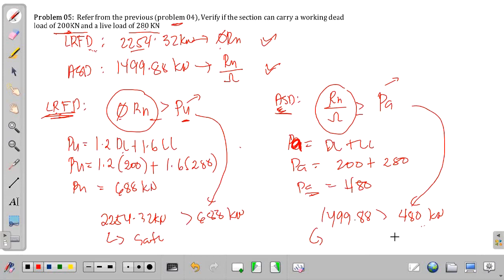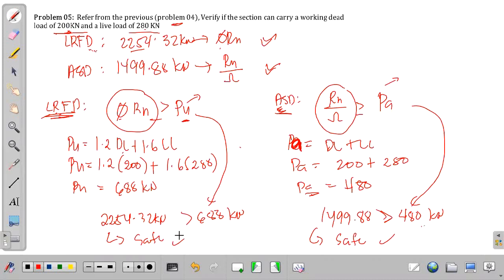Since our allowable tensile strength is greater than the actual load, our W310 by 79 is safe to carry our actual loads. So, na-verify natin na pwedeng mag-carry ng 200 dead load and live load yung W310 by 79.